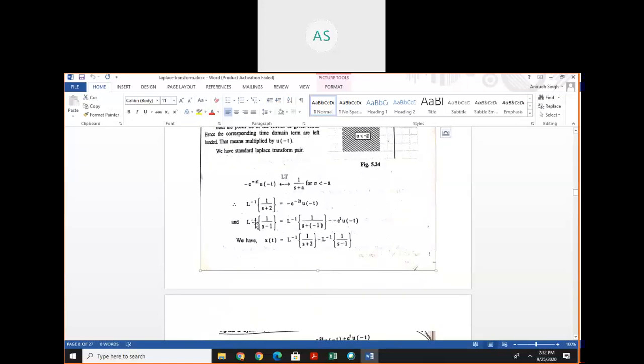It means the time domain signal depends upon the location of ROC.